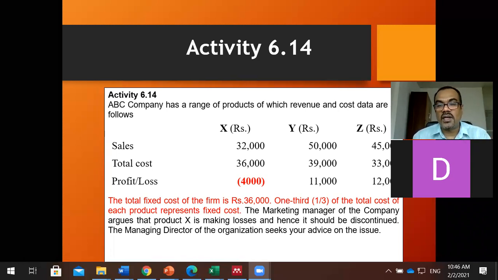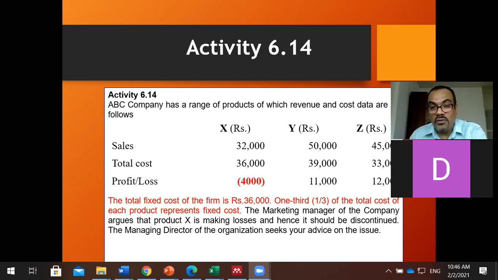Loss from X can be reduced, but the fixed cost which has already been absorbed by X, that is 12,000, will have to be absorbed by the other two.